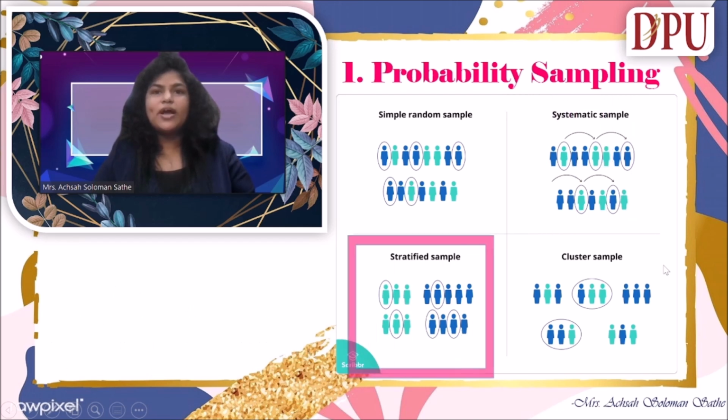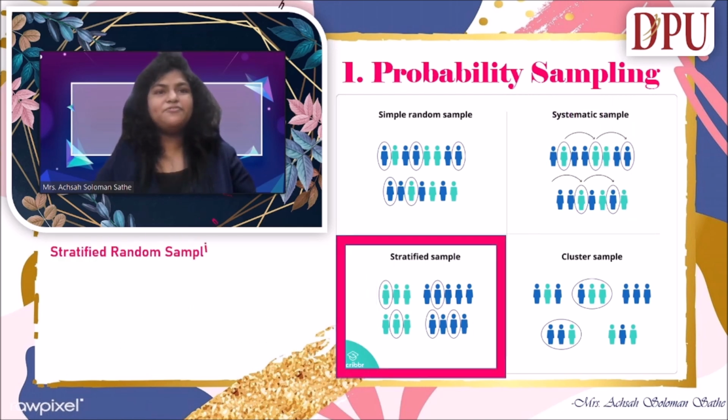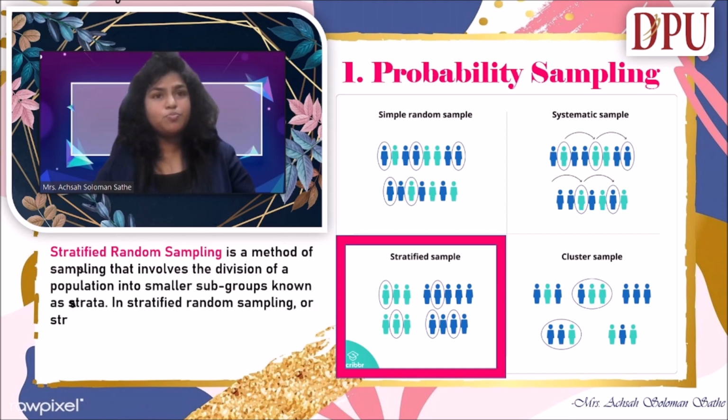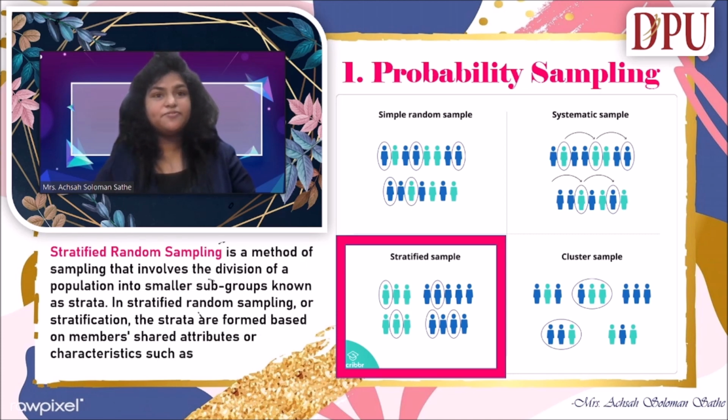Next, stratified sample. Stratified random sampling is a method of sampling that involves the division of a population into smaller subgroups known as strata. In stratified random sampling or stratification, the strata are formed based on members' shared attributes or characteristics such as income or educational attainment. Well, what do you do in stratified random sampling?